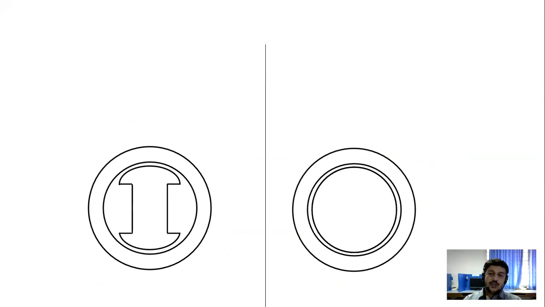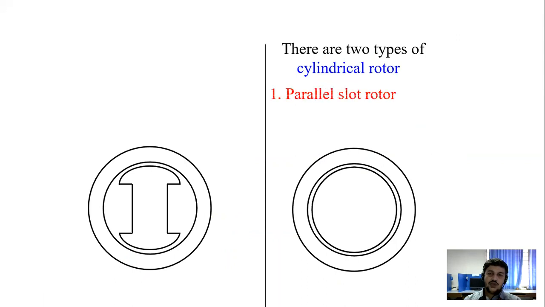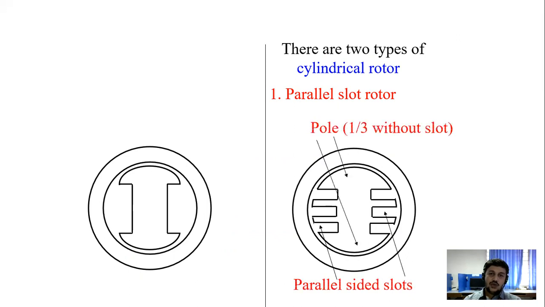Now, depending upon the rotor structure, there are two different types of cylindrical rotor. One is the parallel slot rotor, in which the rotor slots are parallel to each other. In a parallel slot rotor, 1/3 of the entire rotor structure is without slots, whereas 2/3 is a slotted structure. Along 2/3 of the rotor there are parallel slots, and 1/3 is without slots.